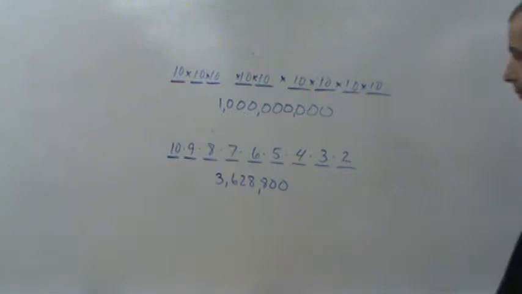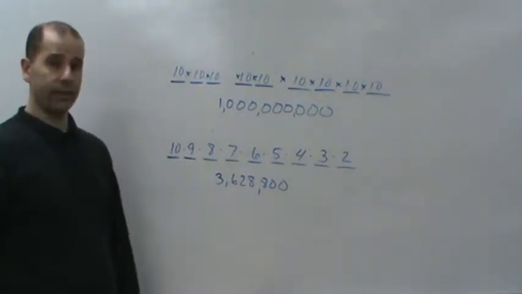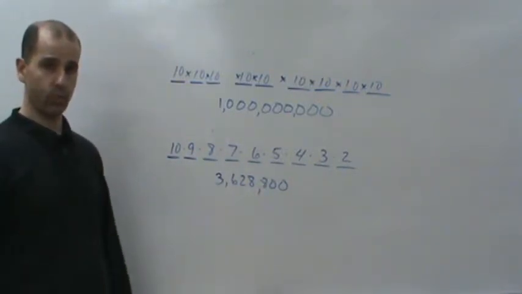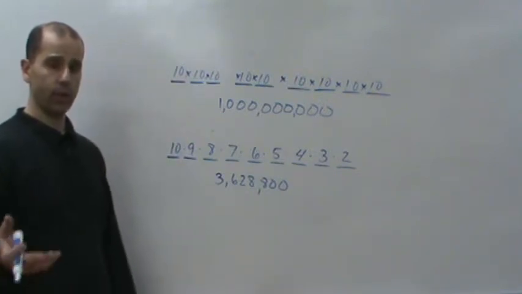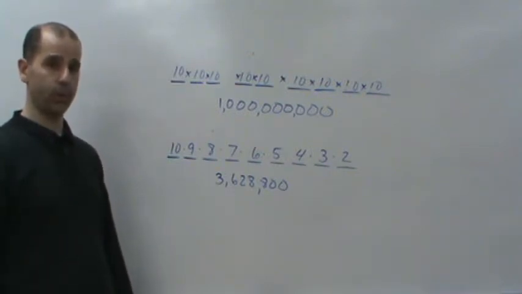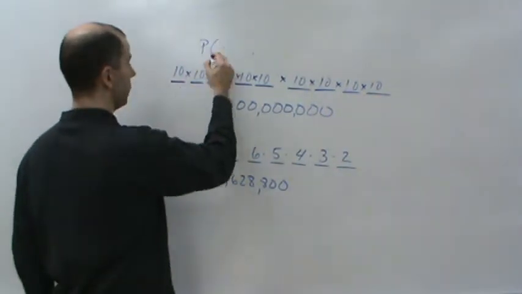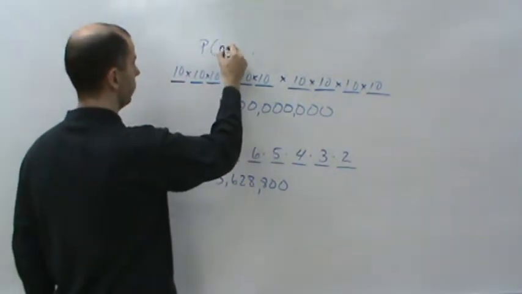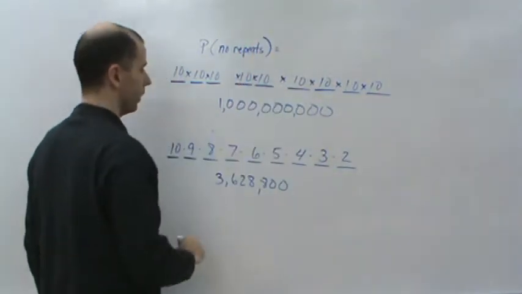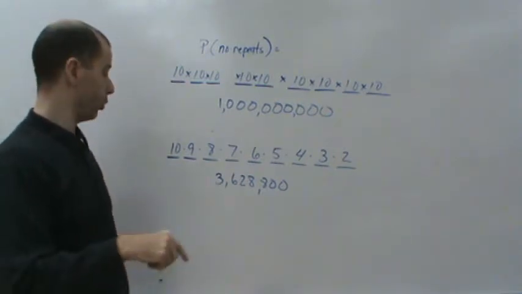So let me ask the question again. What is the probability that if I randomly select someone in the United States, a random person, that that random person will have a Social Security number that has no repeated digits? Well, we're going to take our definition of probability, right? And we're going to take the number of Social Security numbers possible that give us no repeats.